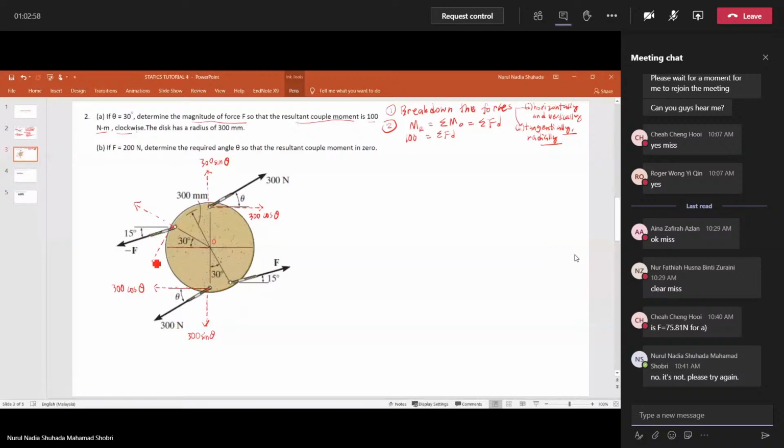The angle given is only up until here, 15 degrees. We don't know the angle here, but this line is a continuous line from here, and this line is parallel to this line, so that means this should be 30 degrees. So in total it should be 45.